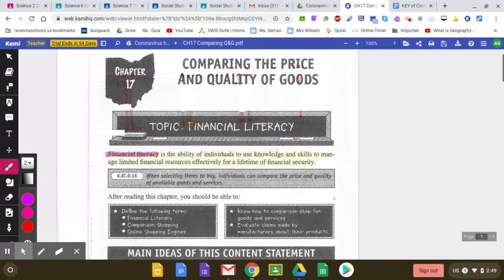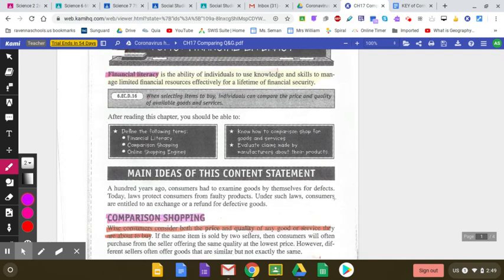lifetime of financial security. This is one of the most important chapters that we will probably do this year because this is a chapter that sets a base for where you should be with your finances, because the habits that you are developing as children could end up being your habits as an adult.